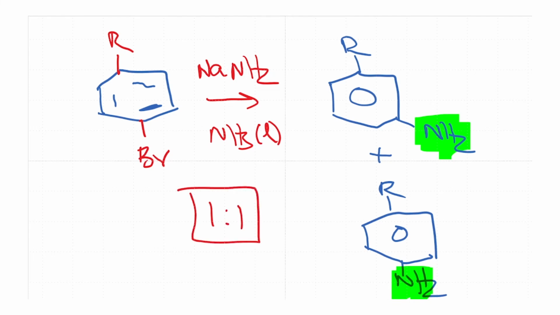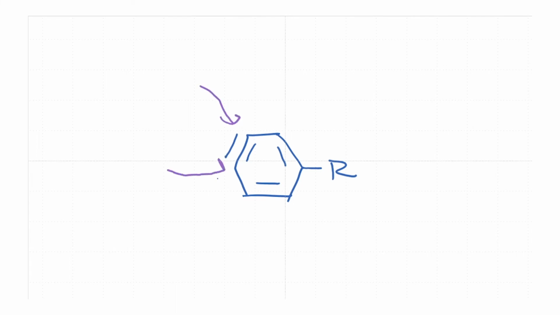So this is relatively easier for us to explain, because if you draw the intermediates, you have the benzene ring here. And now the attack can happen from here or from here. So NH2 minus can attack here or it can attack here.